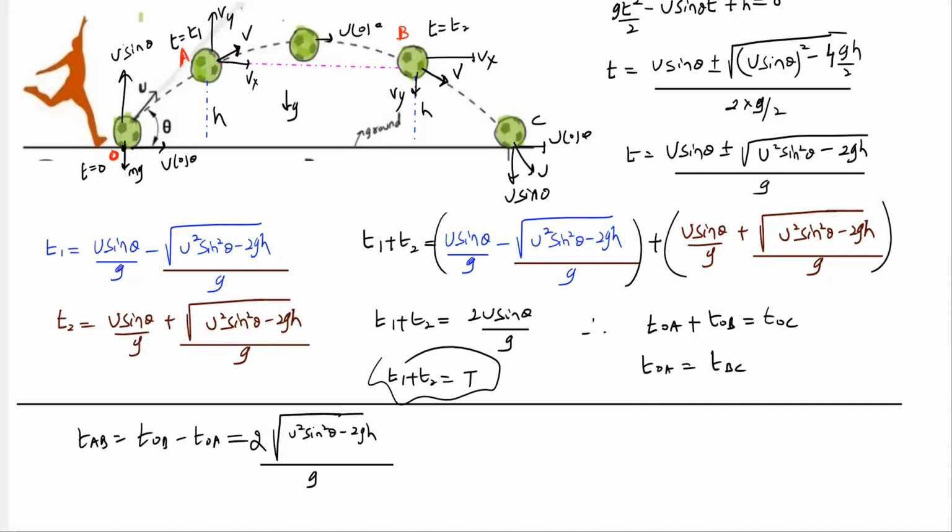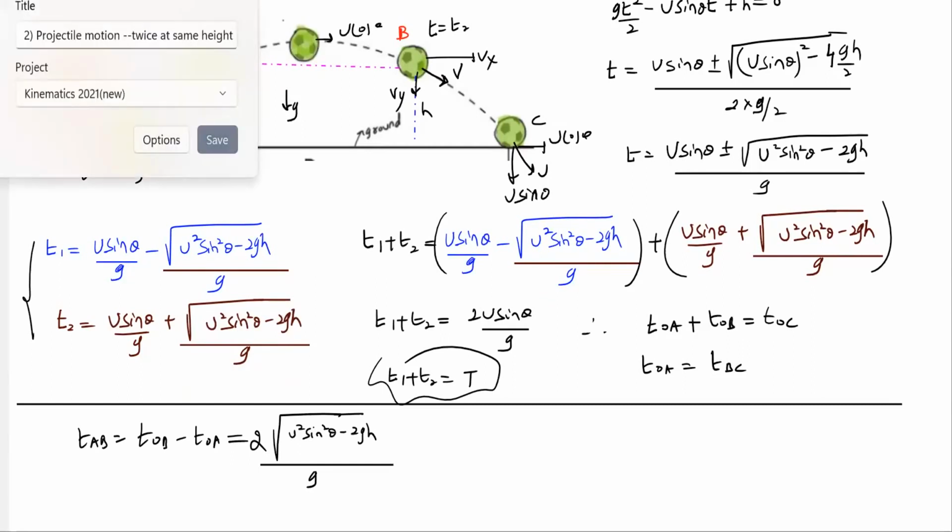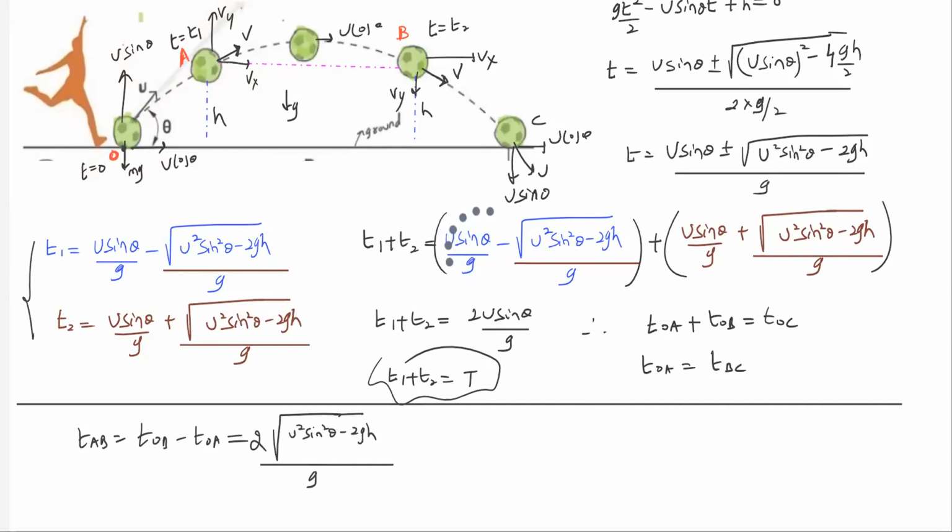So like this, when the projectile is at the same height twice, it will be at the same height at two different instants of time. And what are those instants of time that we have calculated here? And the sum of those instants of time should be equal to the time of flight. So what is the basic conceptual question? How do they ask you? The projectile will be at the same height at two different instants of time, and the sum of those times must be equal to the total time of flight.